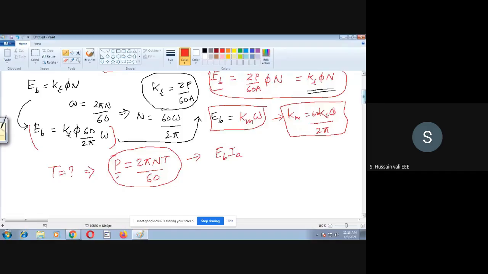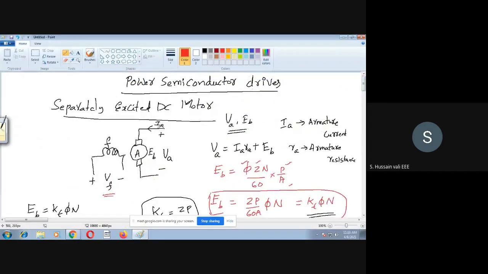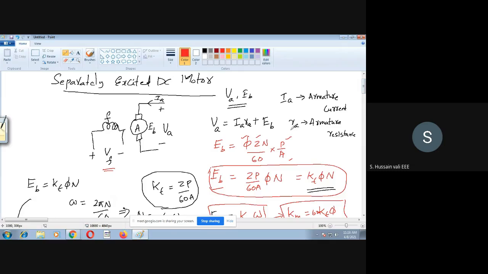Why will I write EB into IA? Please see this now. IA is the current flowing into the armature. You can represent the armature in some other way, as I have explained already: there is a resistance RA in series with the armature, and this back EMF is there.